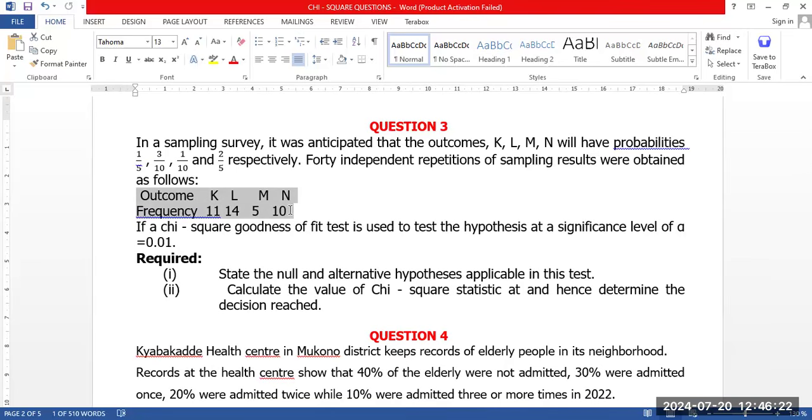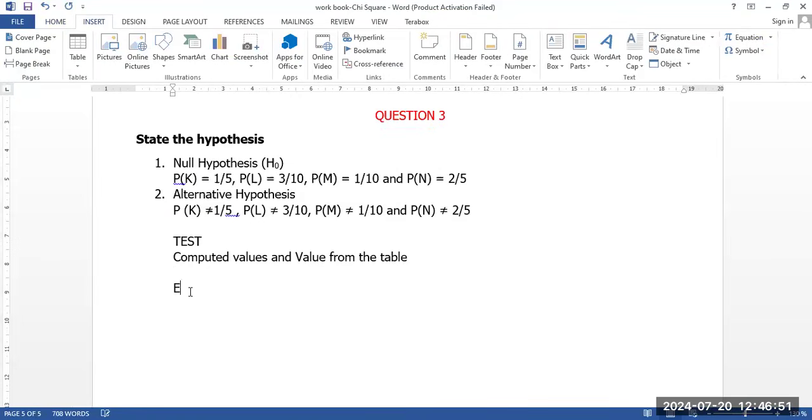Since we have observed data in numbers, now we need expected values.